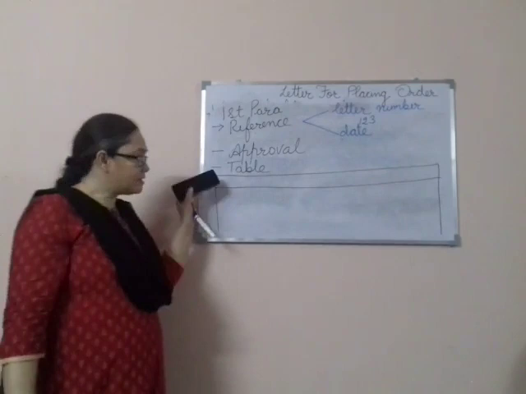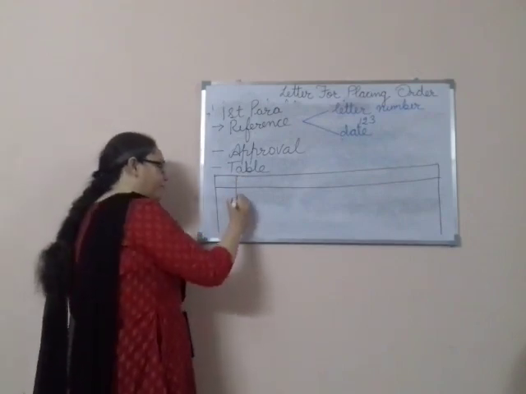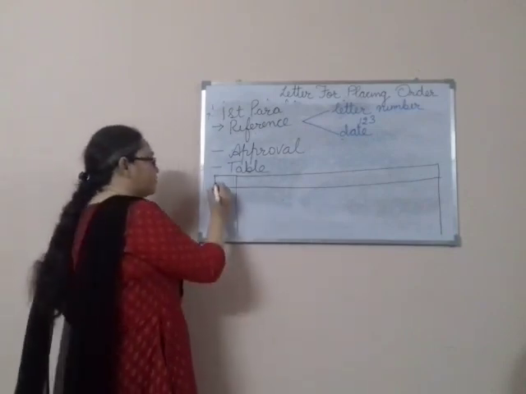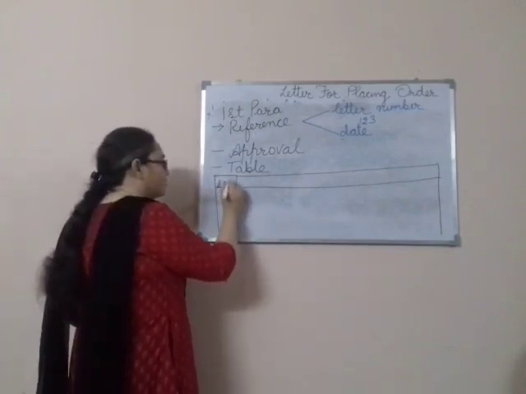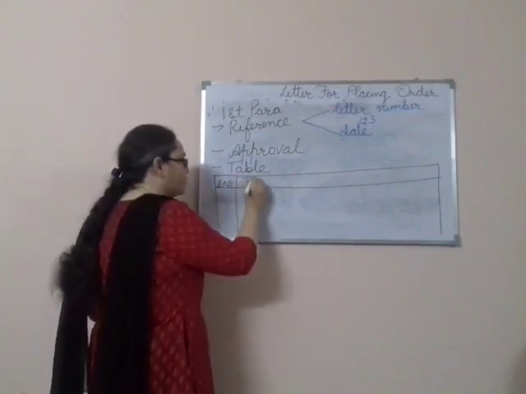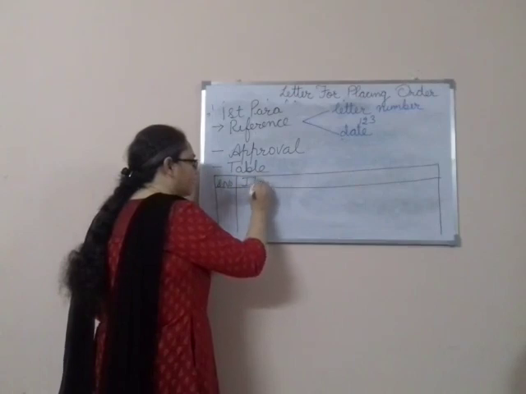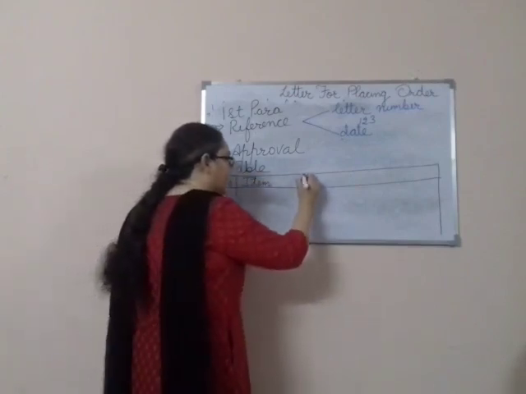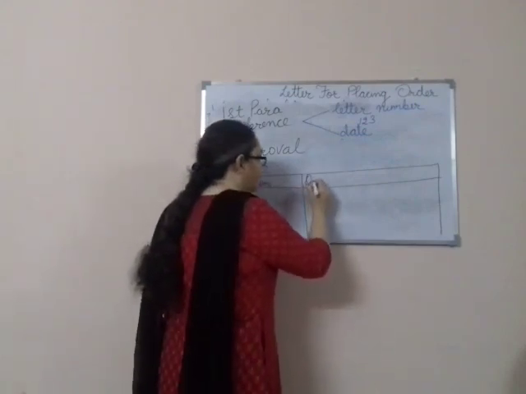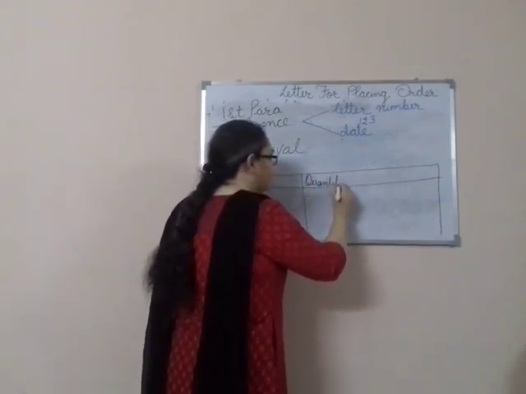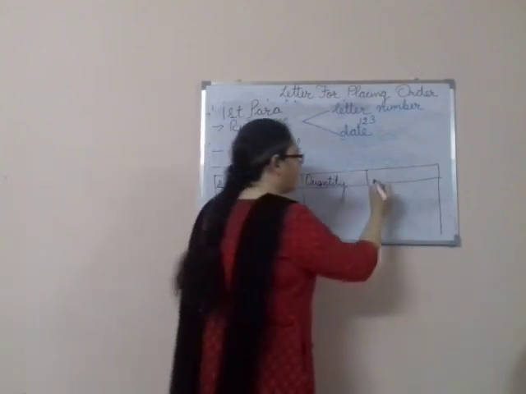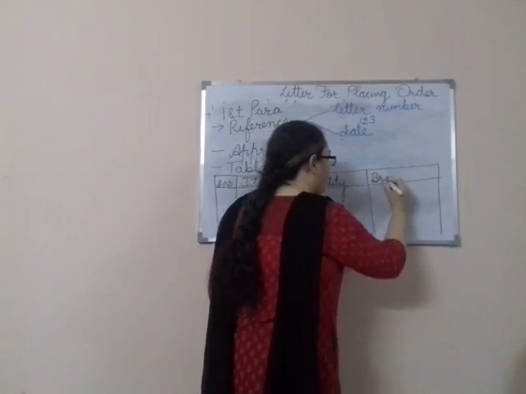Now, this table should be divided into 3 to 4 columns. In the first column we are going to write the serial number. In the second column we are going to write the items. In the third column we are going to write the quantity, and in the last column we are going to write the brand.